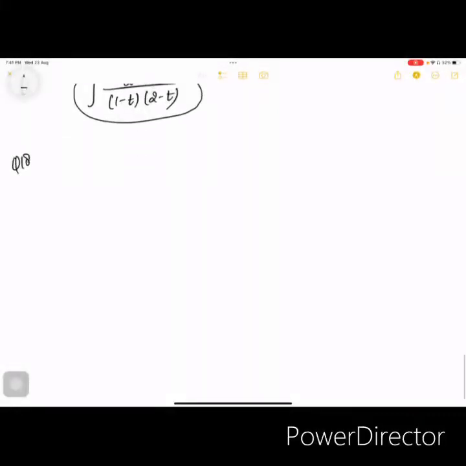Now question number 18. We are given (x square plus 1)(x square plus 2) upon (x square plus 3)(x square plus 4). The degree of numerator is 4. If we multiply x square with x square, it will become x raised to power 4.